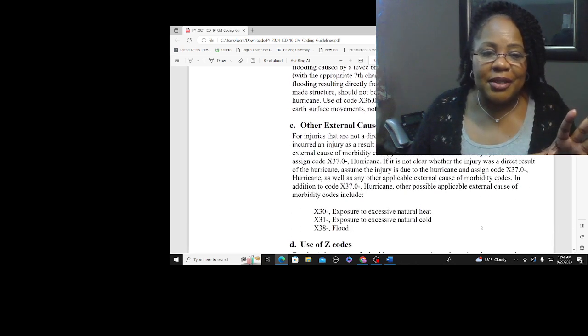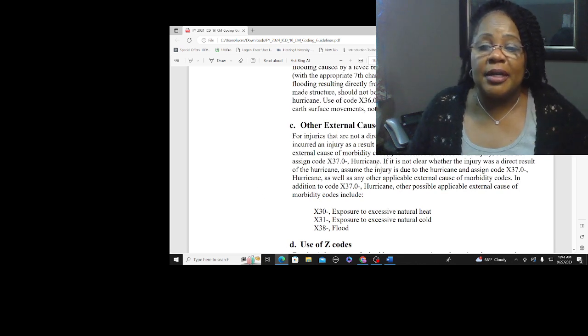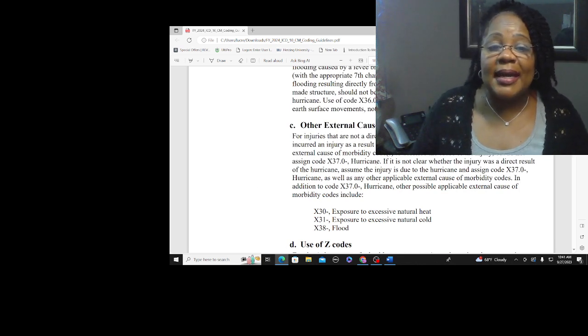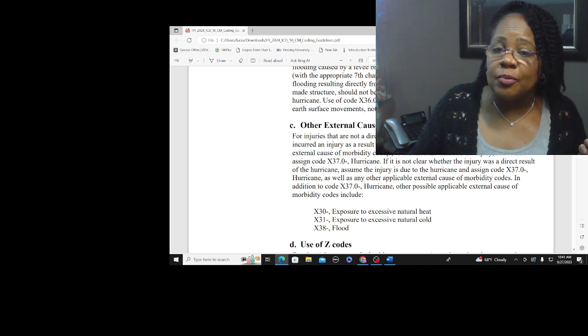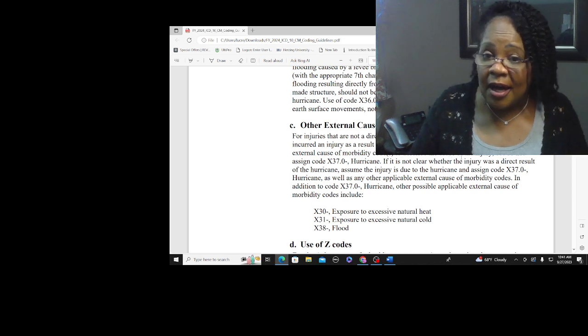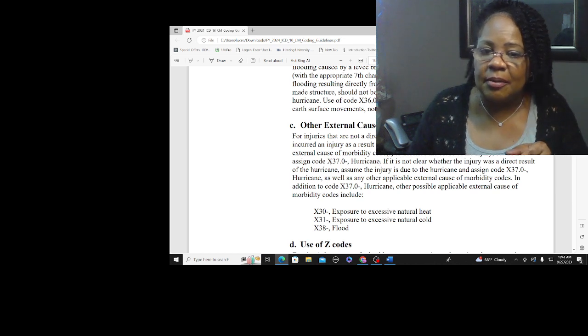And then others include injuries that are not a direct result of the hurricane, such as an evacuee that has incurred an injury as a result of a motor vehicle accident. Then assign the appropriate external cause of morbidity code to describe the cause of the injury, but do not assign the X37.0 hurricane.